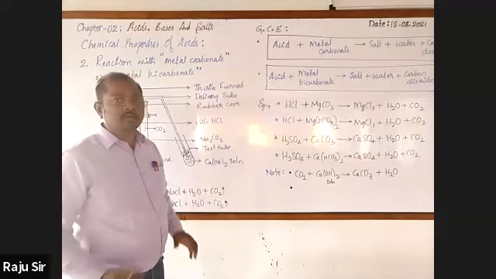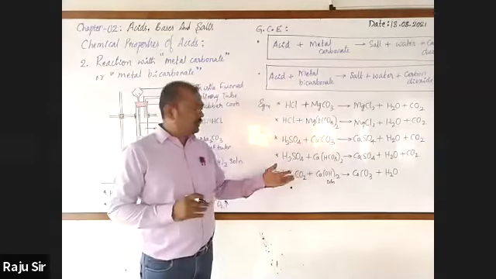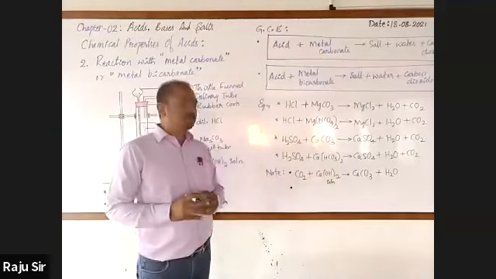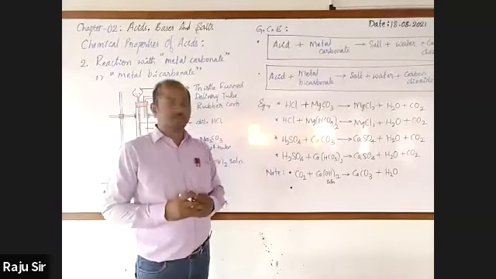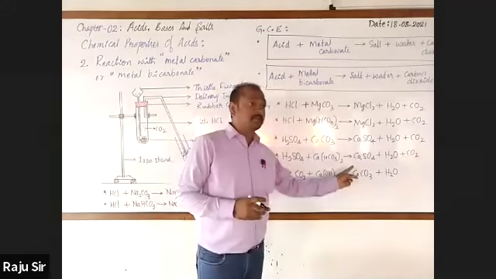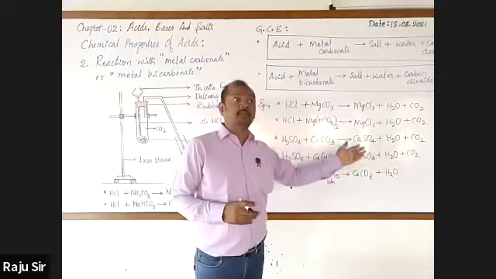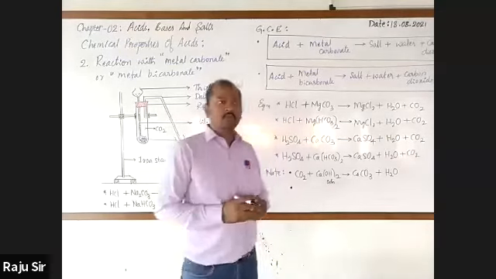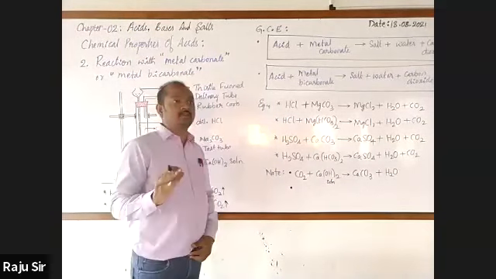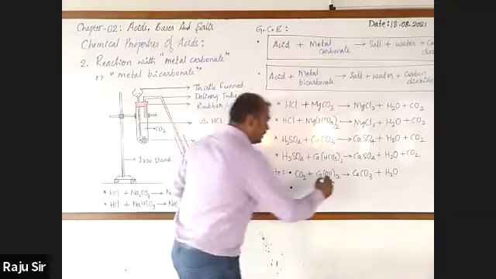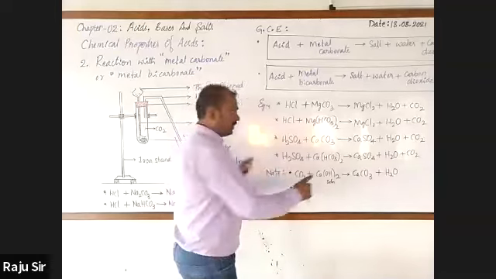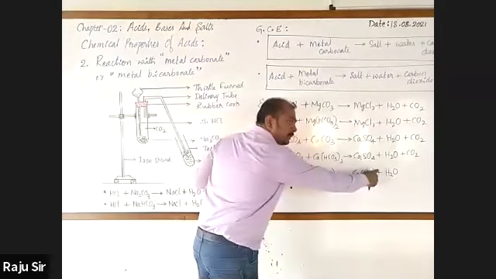Now, could you tell what happens when an excess amount of carbon dioxide is passed into the calcium hydroxide? Calcium hydrogen carbonate, calcium bicarbonate, is formed, which is dissolved in water to give a clear solution.